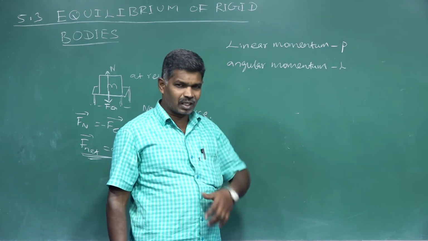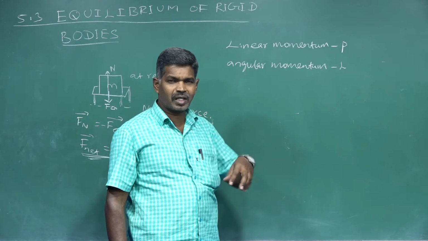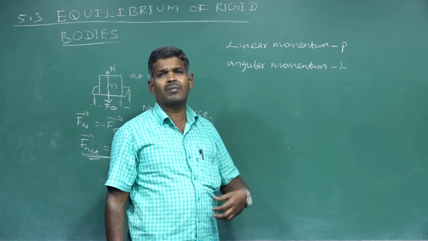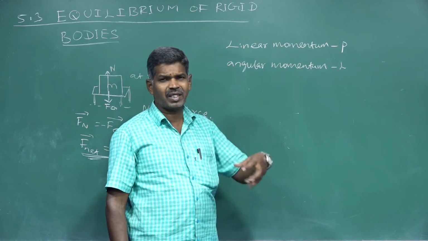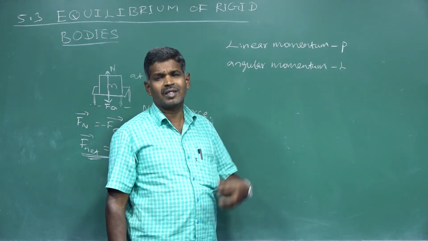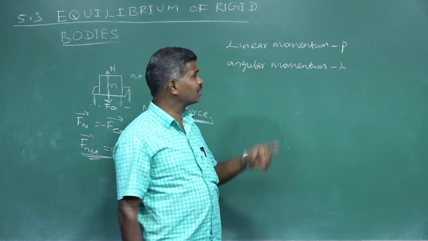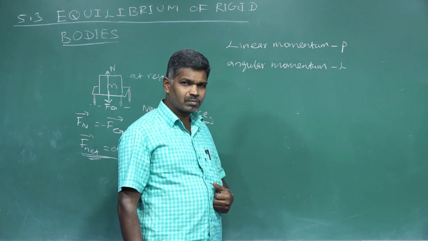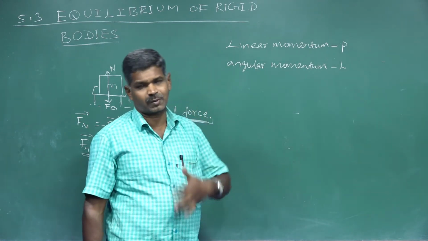Then we are going to take a rigid object. We say that a rigid object is in mechanical equilibrium when both linear momentum and angular momentum remain constant.